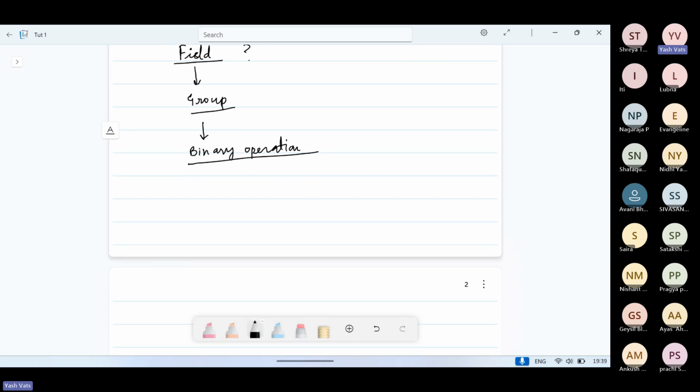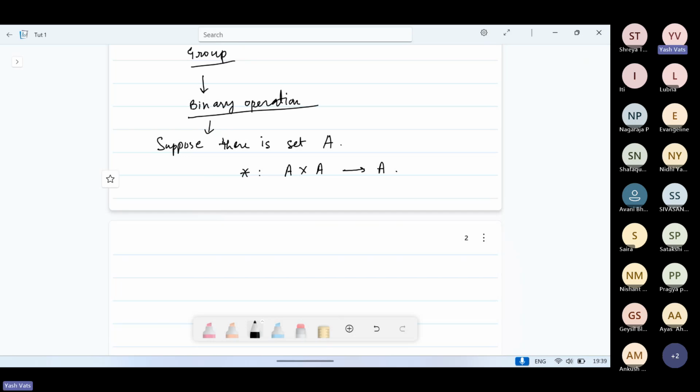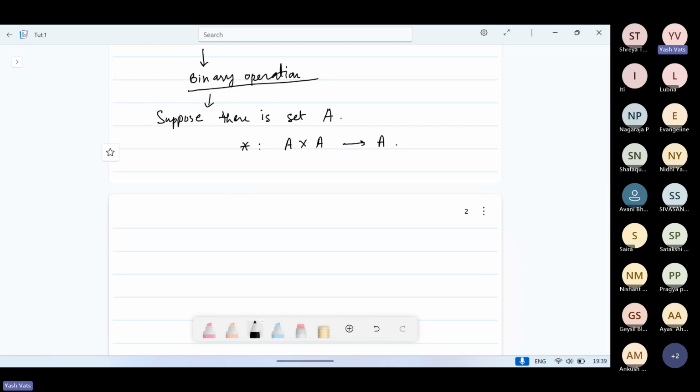Okay. So if you have a set A, suppose I'm defining what is a binary operation. Suppose we have a set A. Then you define a function star, which goes from A cross A to A. So star takes elements from A Cartesian product with A to A. What is a Cartesian product?